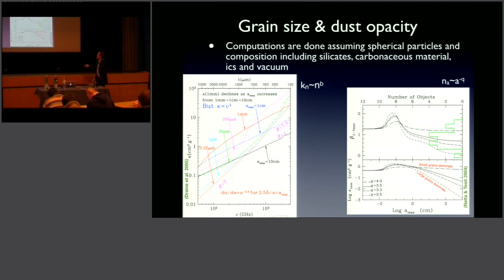But in this busy graph from Bruce Draine, you see the wavelength and the frequency. Here is 1 terahertz, so 0.3 millimeters, and here is 3 millimeters, 100 gigahertz.